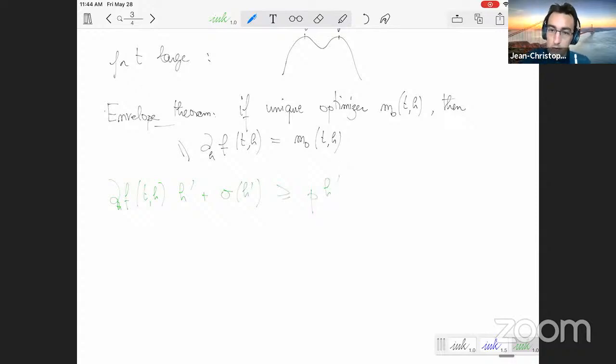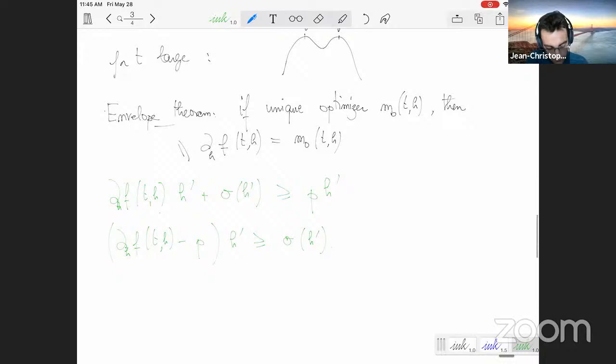And I want to argue that P has to be the derivative. So maybe I'm going to rewrite it like this: DHF of TH minus P times H prime is larger than or equal to little o of H prime. Right?